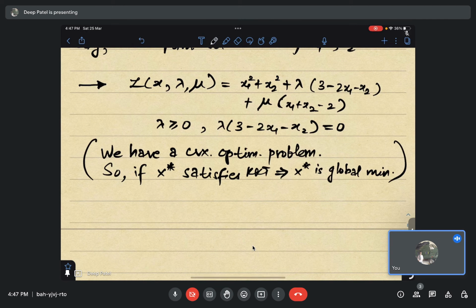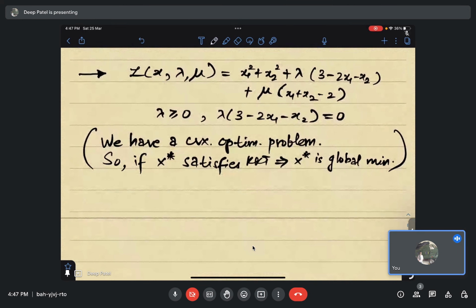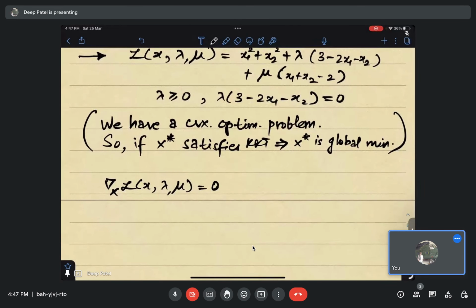Having made that remark, what do we have to do? The first thing is to take the gradient of the Lagrangian with respect to x. And so what do we get? 2x1 minus 2 lambda plus mu.